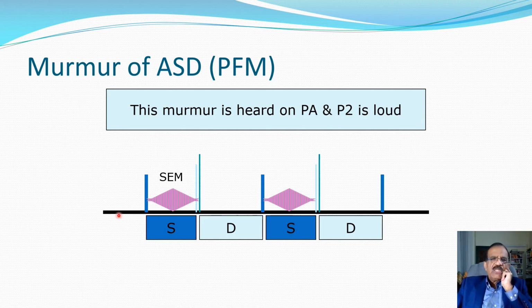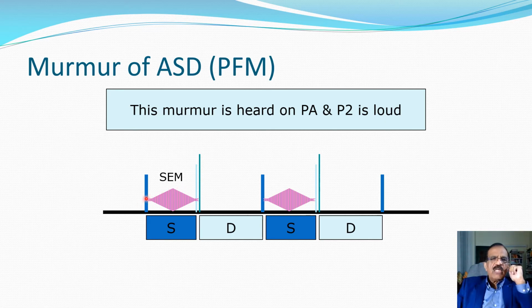Now this is the graphic diagram, the picture of this murmur. There is a murmur which is heard on the pulmonary area, and this pulmonary area is the second intercostal space right to the sternum. In this pulmonary area, there is a systolic ejection murmur.